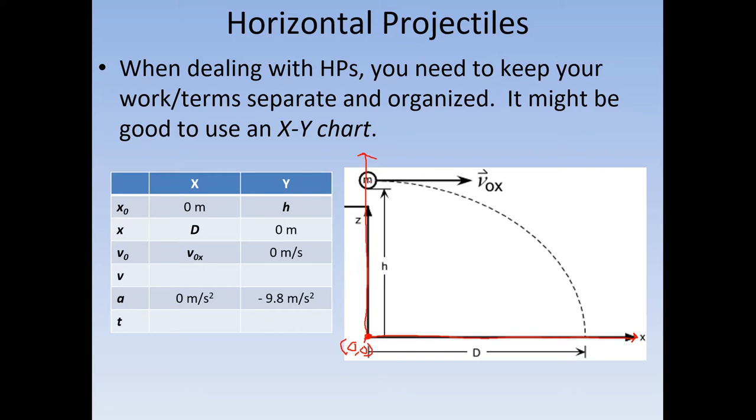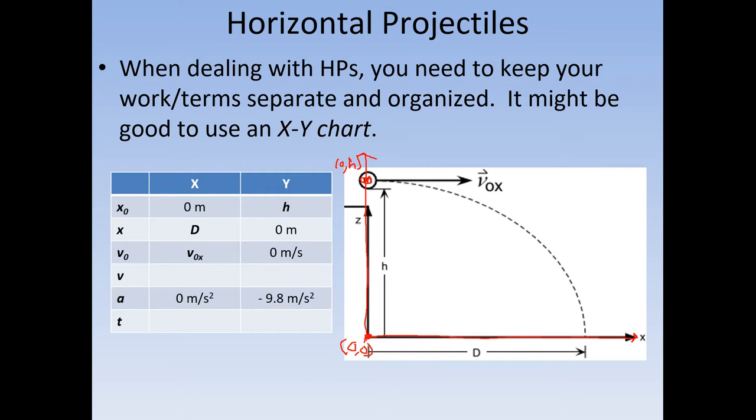Where I start up here, that would be 0 in the horizontal direction and a height h in the y direction. So if I start here, my initial position in the x is 0, and my initial position in the y is whatever height that object is. Same thing when it finally lands on the ground.